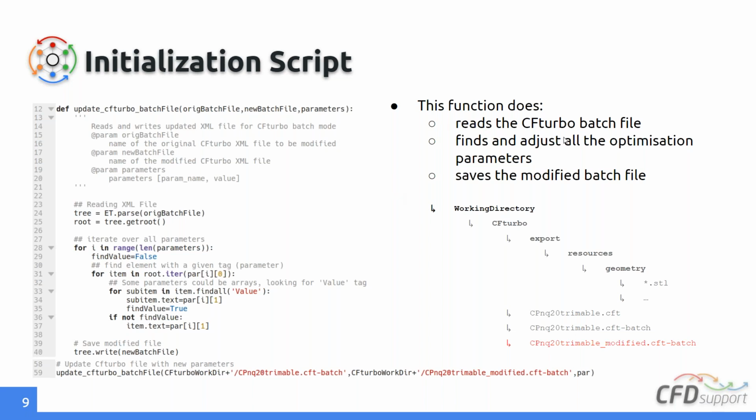So this function reads the CFturbo batch file, finds and adjusts all the optimization parameters using this XML module in Python, and saves the modified batch file, which is later used for running the CFturbo batch mode to generate the geometry.